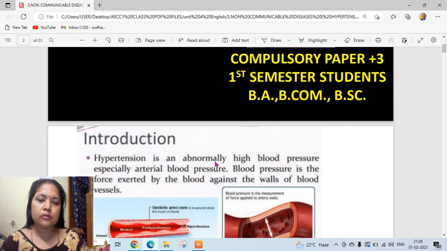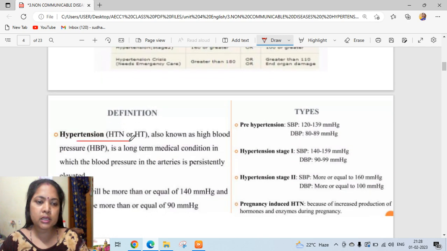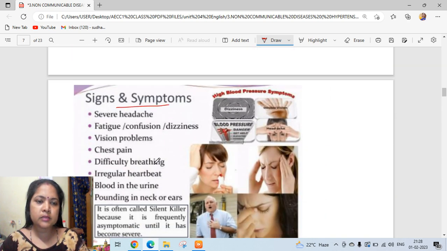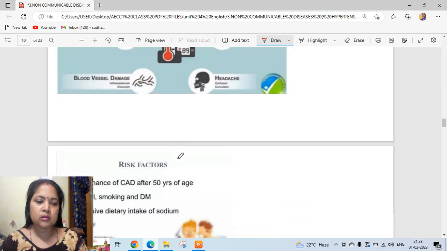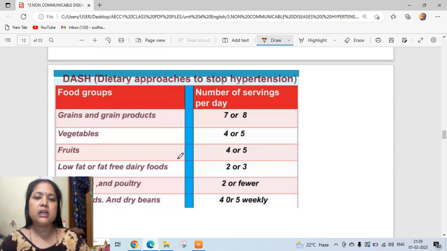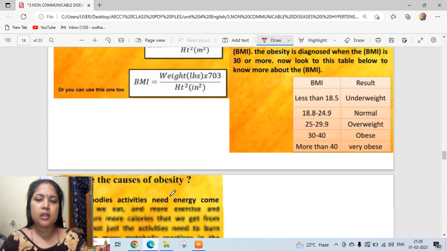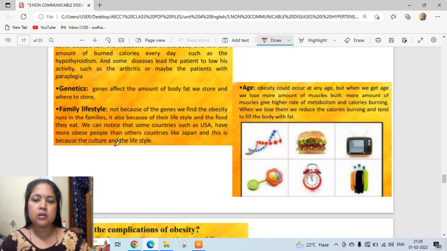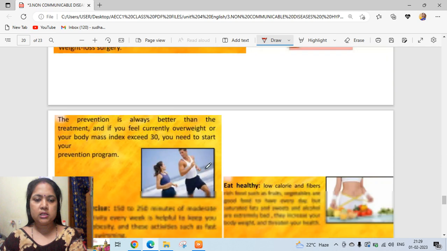So if you watch till the end, you will be able to know what we mean by hypertension, then its definition, then how we measure the blood pressure, then signs and symptoms of hypertension, assessment and diagnostic findings, then what are the risk factors, then dietary approaches to stop hypertension, then what is obesity, what is body mass index, what are the causes of obesity, what are the complications of obesity, then how we can treat obesity.